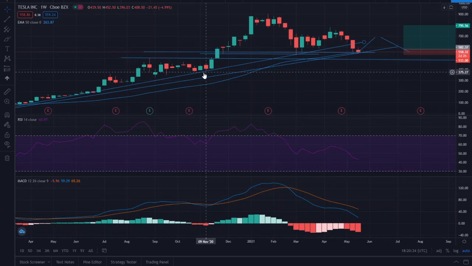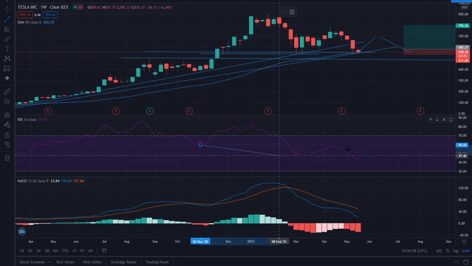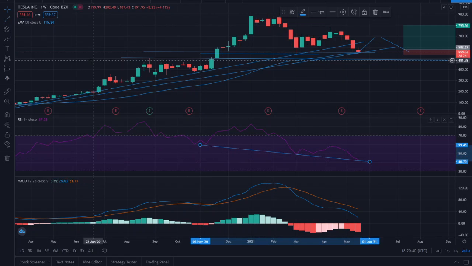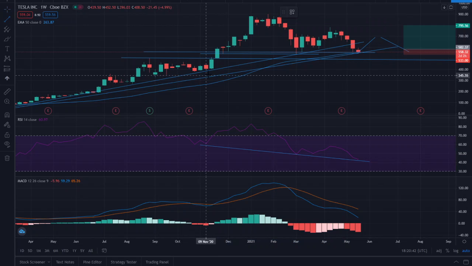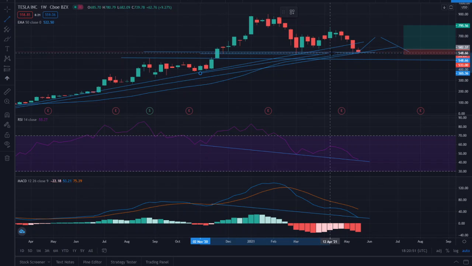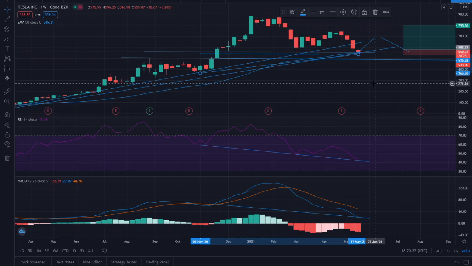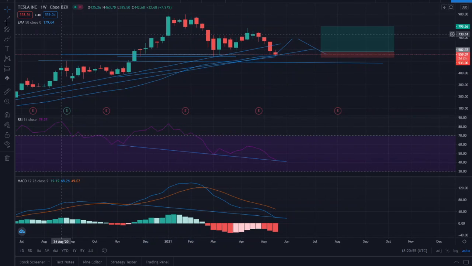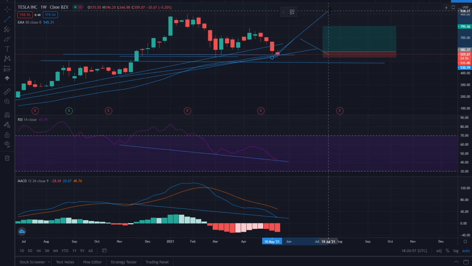Now, if we look at the RSI and the MACD, we've been on a downtrend since November last year here as well, while we're going up since November last year here, which means we could form a bullish divergence and jump much higher from here.